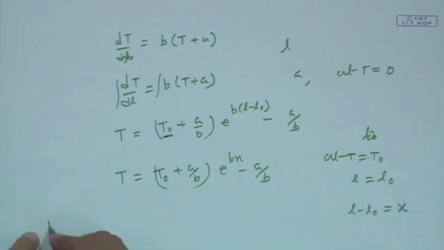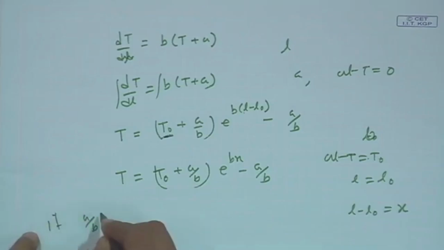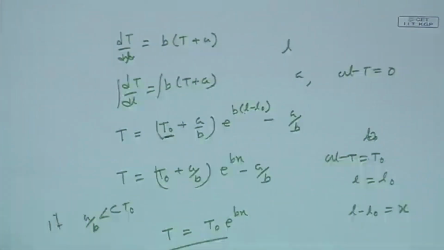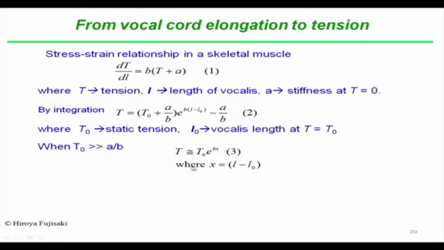Now, if a by b is much less than T0, then I can say T is equal to T0 e to the power bx, which is equation 3.